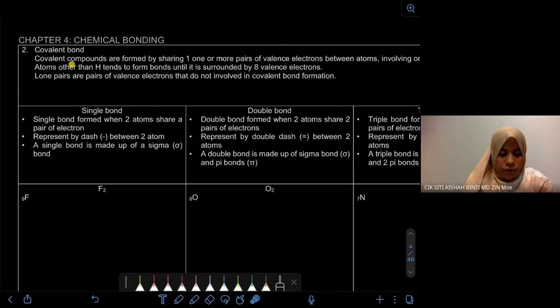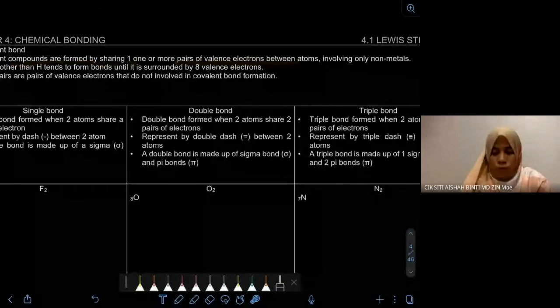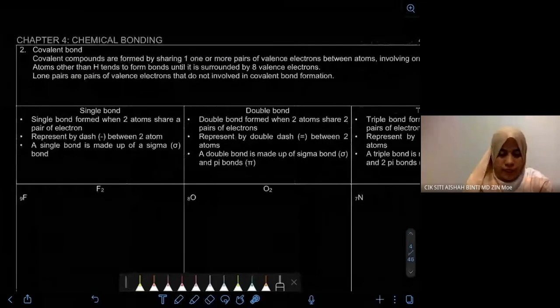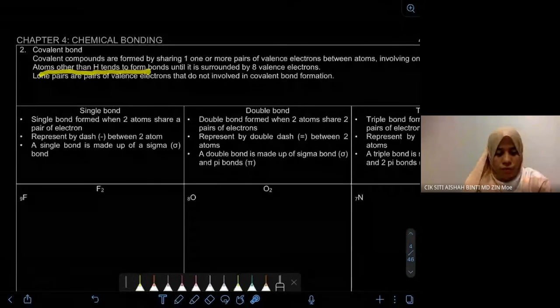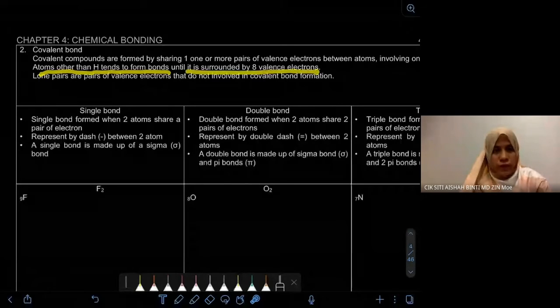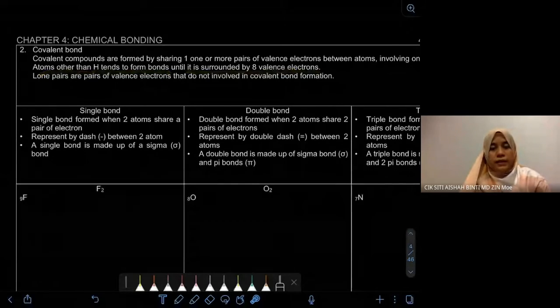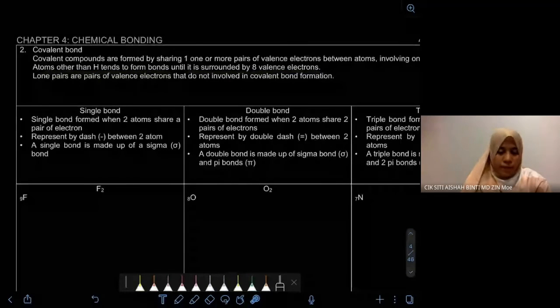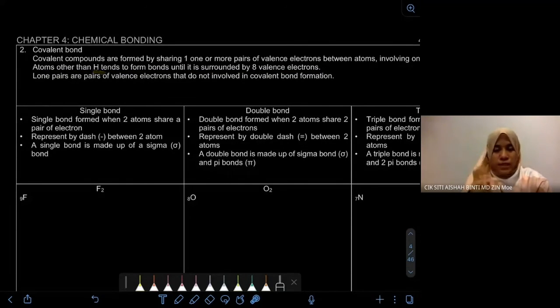Okay, the covalent compound are formed by sharing one or more pair of valence electron between atoms, where in this case involving only non-metal. Okay, dekat sini, atoms other than hydrogen tends to form bonds until it is surrounded by 8 valence electron. Okay, yang ini again dia macam kita punya octet rule lah. Remember hydrogen je tak? Hydrogen dia nak 2 sahaja.